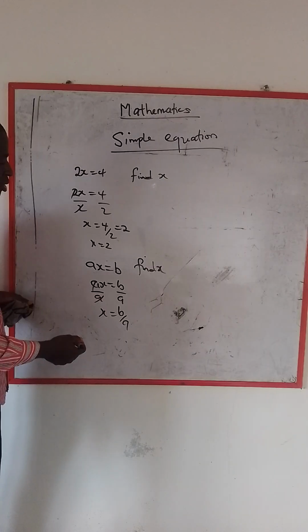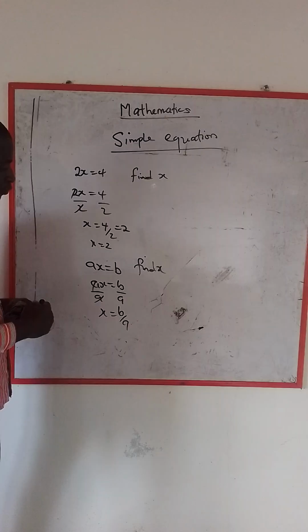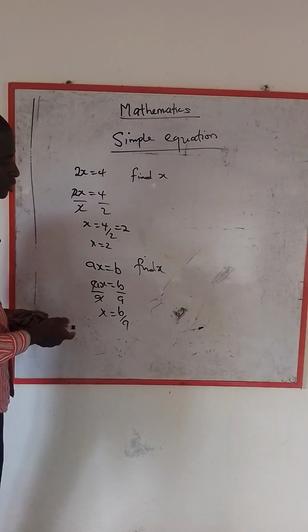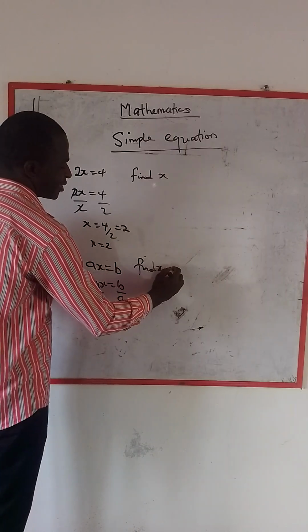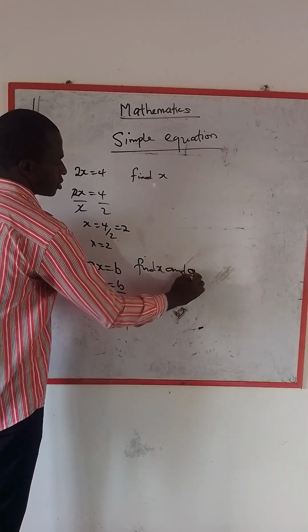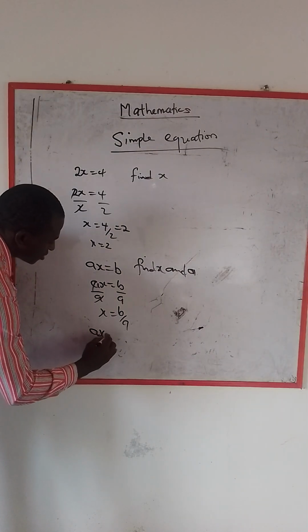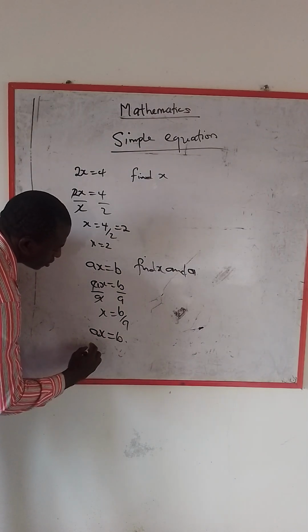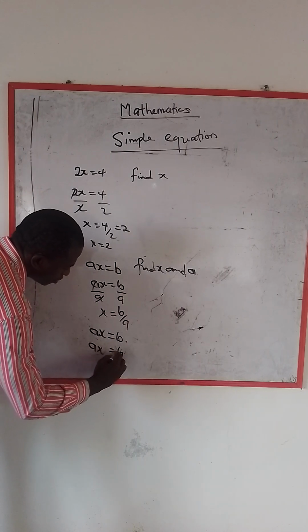You all know that. This same question, I can also ask you to look for a, and it doesn't change anything. So I can also look for a in this case. In the case of a, I will say ax equal to b.